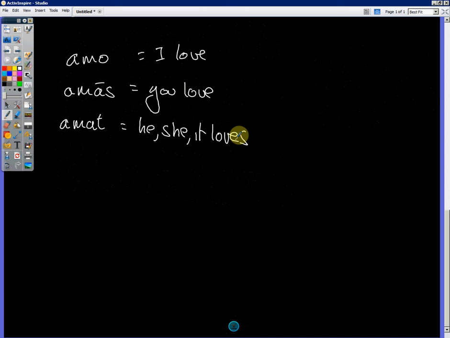When we're talking about I love, I myself am doing it. These grammarians, these people who study and digest grammar, refer to that as the first person, and it's singular. There's only one I in this instance, so it's first person singular. When you're talking about I doing it, myself doing it, it's the first person singular.